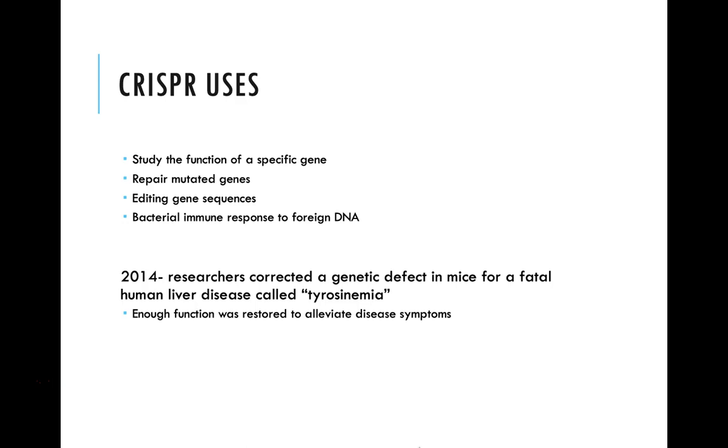It's a human liver disease called tyrosinemia. And they were actually able to restore function in enough cells that it was no longer fatal. They didn't cure it, but they were able to actually put in the correct sequence and make an almost normal life for some of these mice.